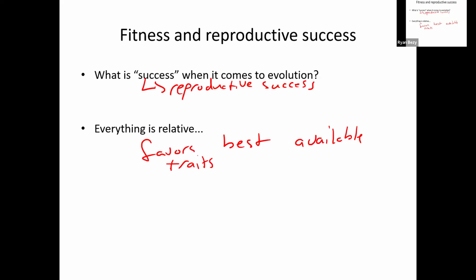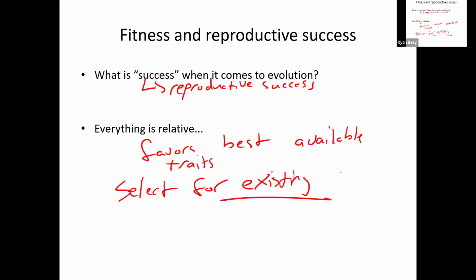You can only select for existing traits, and it doesn't mean there's a good trait among them. It just means there might be one trait version that's better than all the other bad versions. So it favors the best available trait, but it doesn't necessarily mean it's always going to favor a good version of a trait.